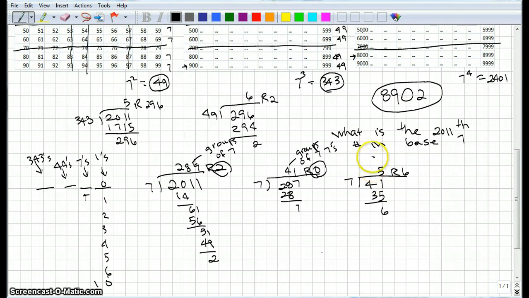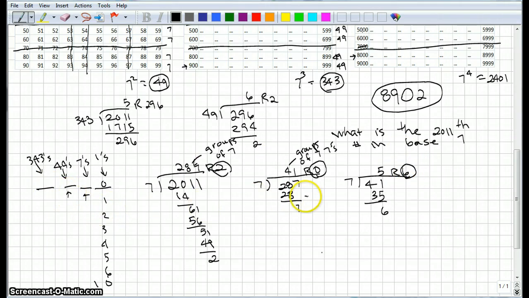So this is the number of groups of 49s. Okay, so if we group those 49s by 7s, then this is 7 cubed essentially. So this will be the 343's place, and then we have 6 left over. So this is the number of 49s.